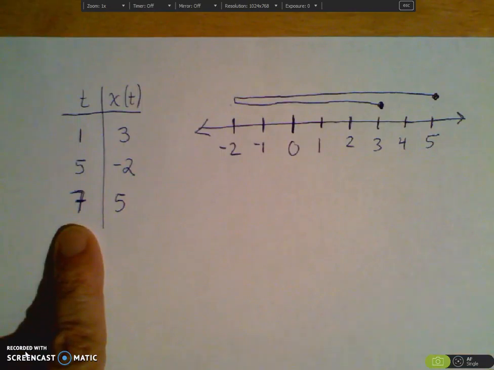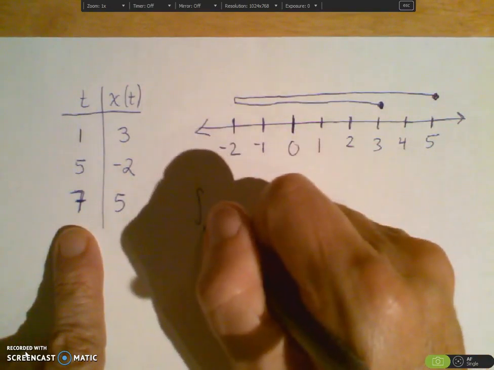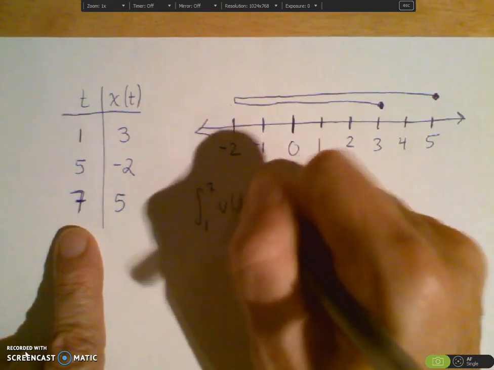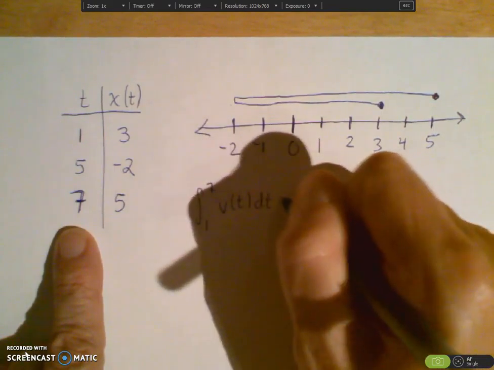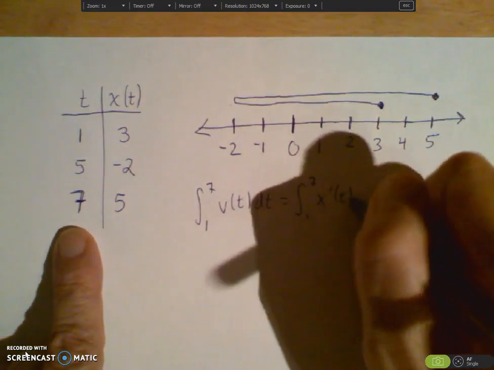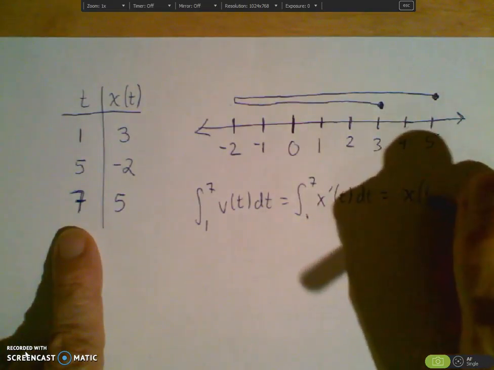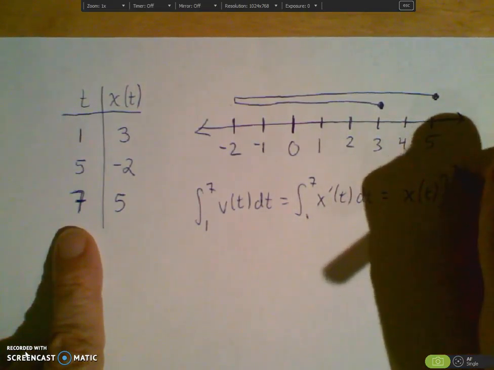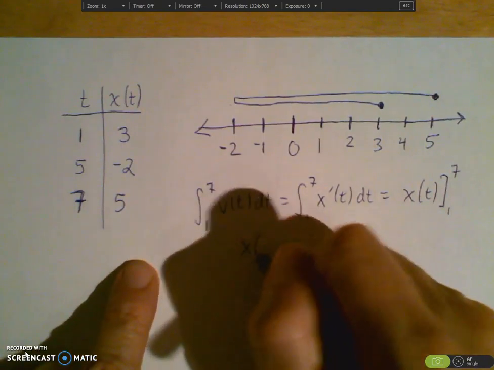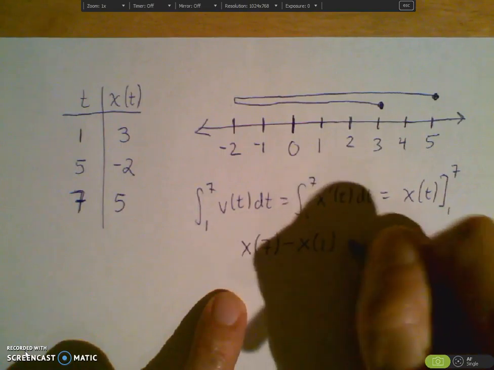Alright, so if we do the integral from 1 to 7 of v of t dt, we're actually integrating x prime of t, and so we would have x of t, and then using our fundamental theorem, we'll have x at time 7 minus x at time 1.